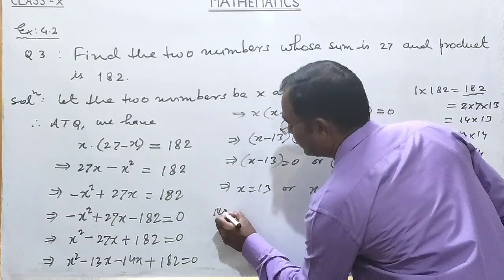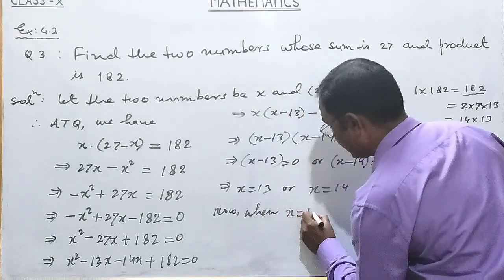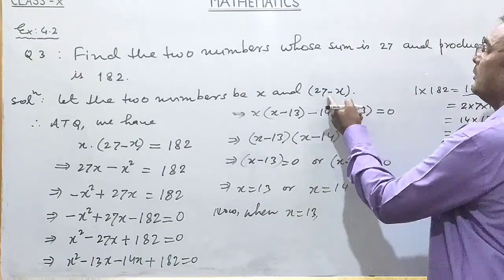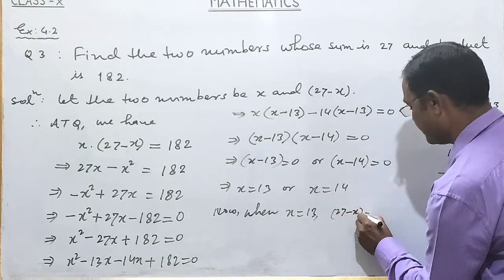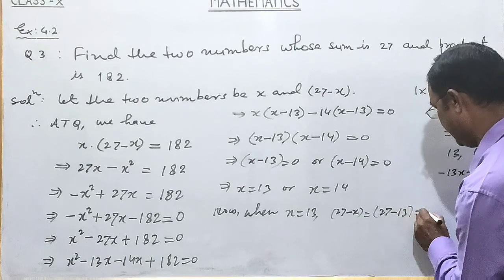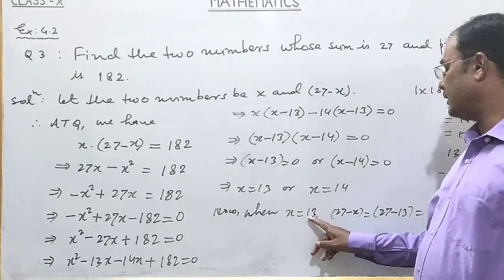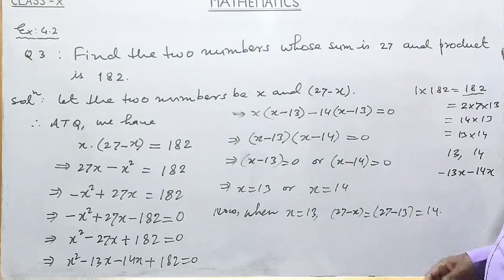Now, when you take x equal to 13, first number, then second number, 27 minus x, 27 minus 13 is 14. So when you take first number 13, second number becomes 14.